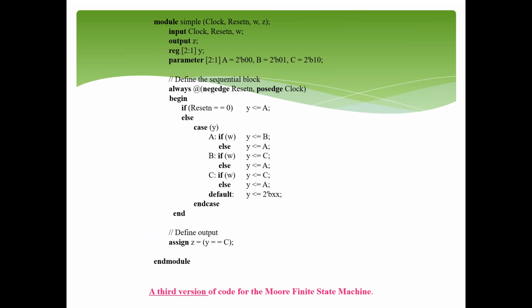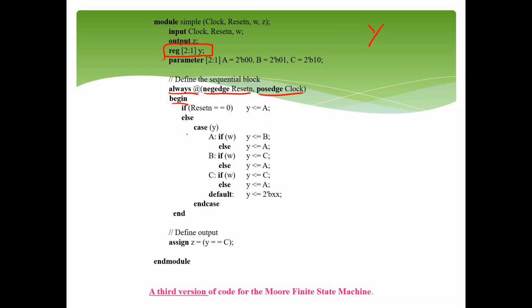You can just write the input of the flip-flops. So here we will assign only one wire for Y. We won't have capital Y anymore. So always at negative edge of reset and positive edge of clock. So we'll have only one sequential logic block.